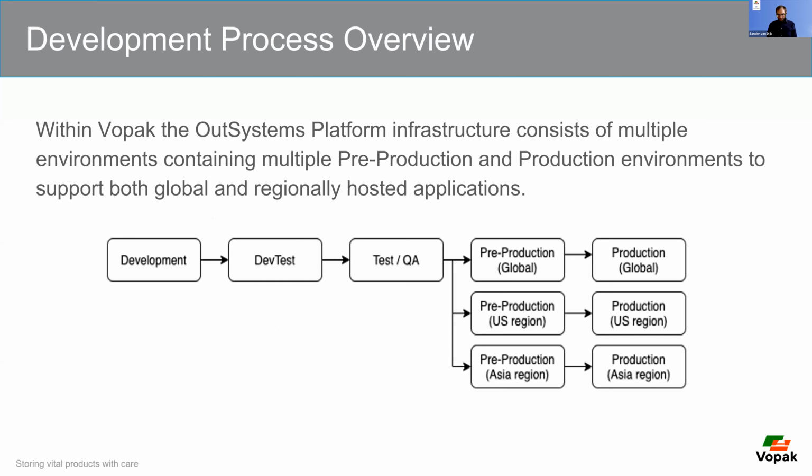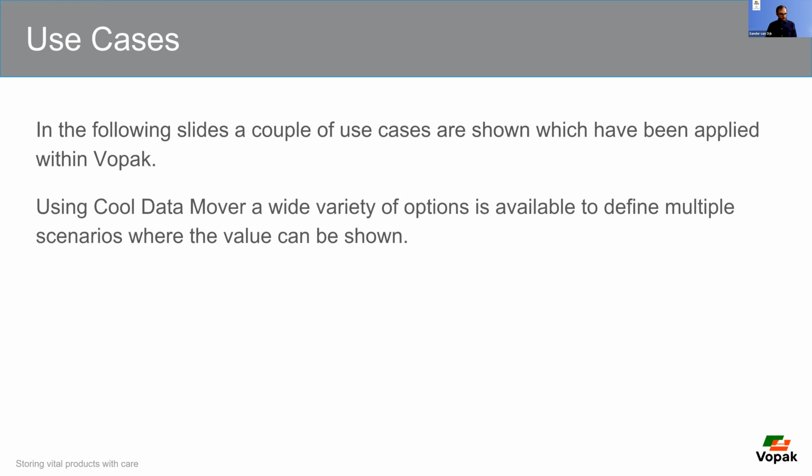So once we deploy from the test QA environment to pre-production, some of the applications are hosted on multiple environments at once. So in the following slides, I'll be showing a couple of use cases and some of the options available, along with the features in the scenarios here.